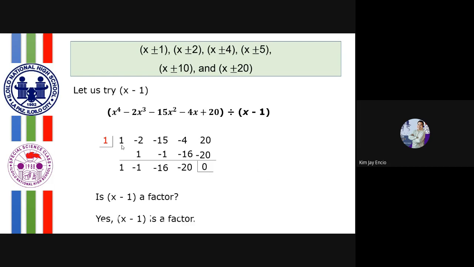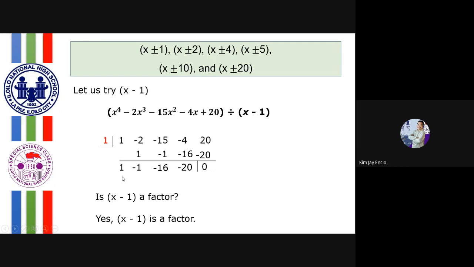So therefore, it is sufficient evidence to say that x minus 1 is a factor of this fourth degree polynomial. But again, this is degree 4, divided by degree 1. So 4 minus 1, we have 3.